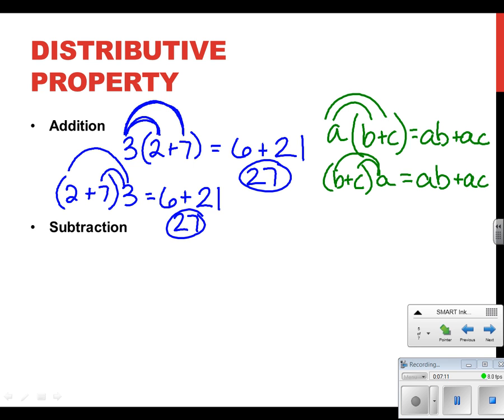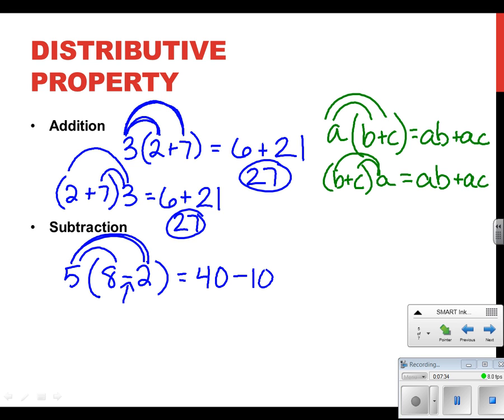The same works for subtraction. So if I had something like 5 times 8 minus 2, I can distribute 5 times 8 minus, now we put a minus sign here because there's a minus sign right here, and then 5 times 2 to give us 30.